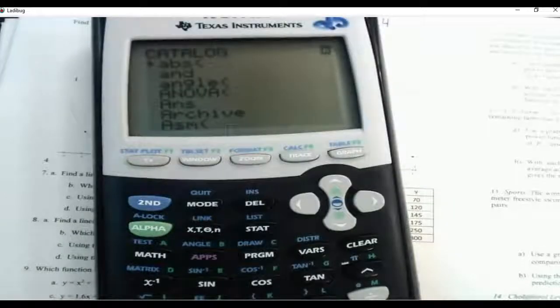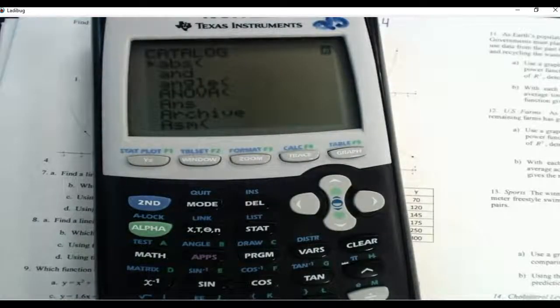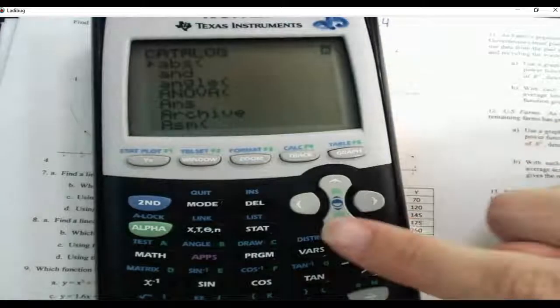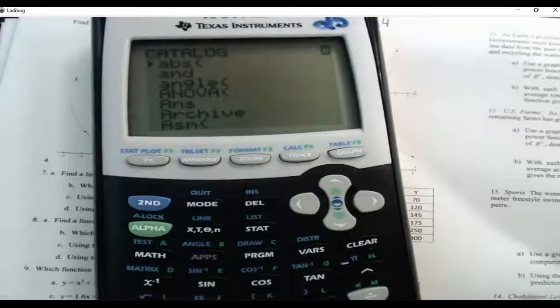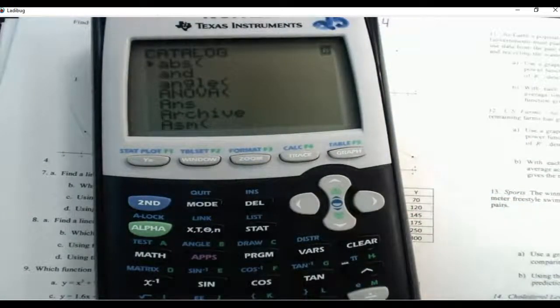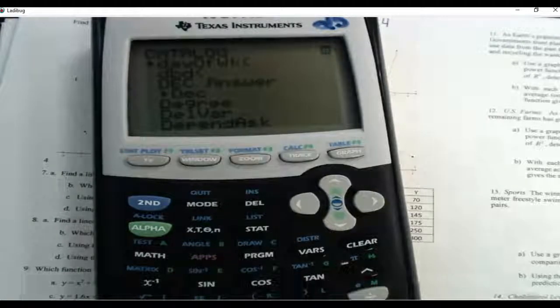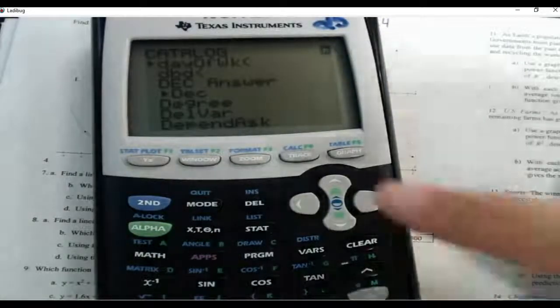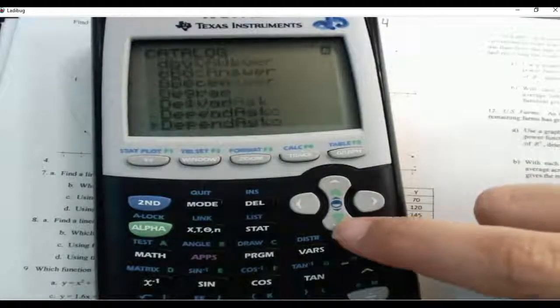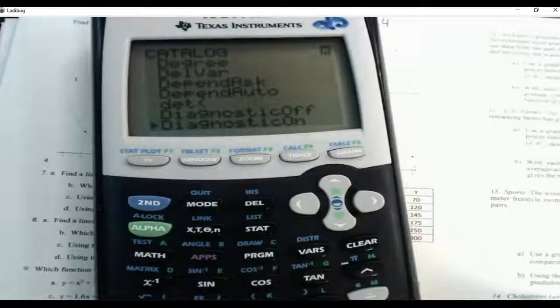So what we want to do is turn the diagnostic on. So you can scroll all the way down till you get to diagnostic, or you can click on x to the negative 1, which is right beside the sign, and then that skips you down to D. And then you can just scroll, and you want diagnostic on.